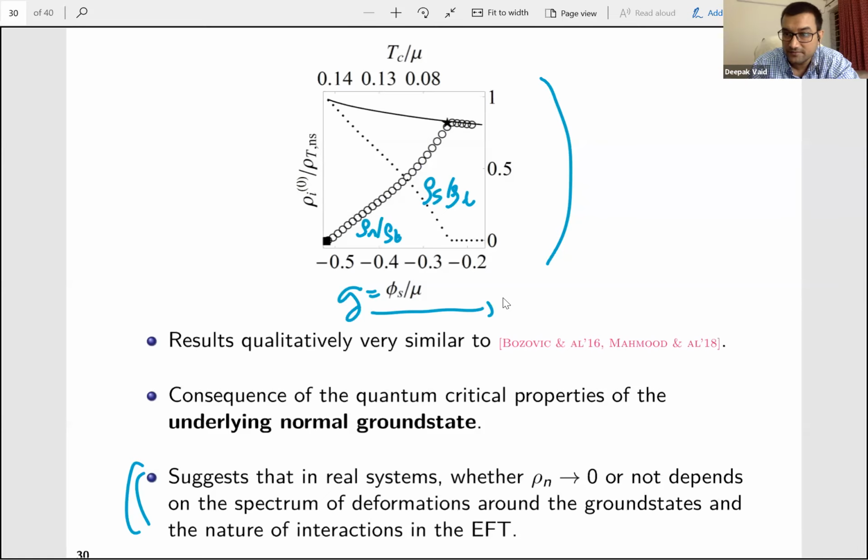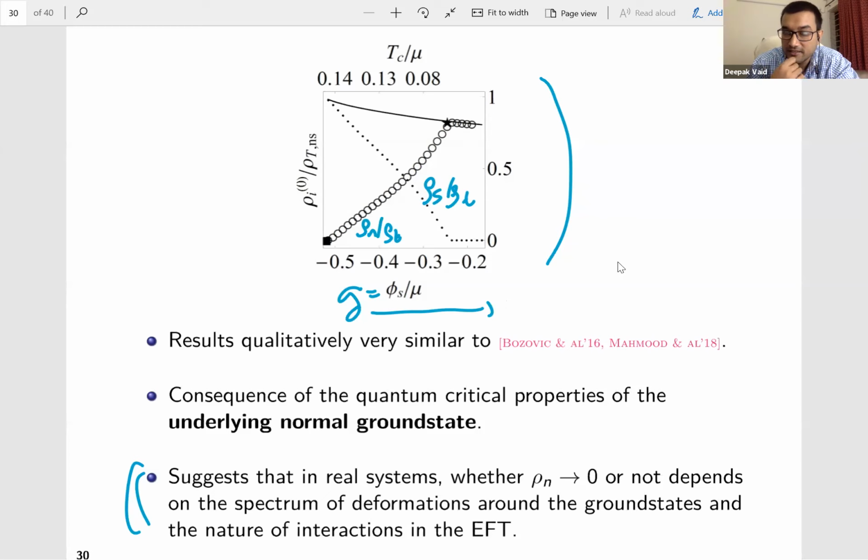Okay. I just wanted to ask a second question. When you say that this is not to be taken as a serious model of cuprates, my question was that I haven't kept up with recent developments. Has anybody recently tried to relate the other parts of the high temperature phase diagram and give them a holographic interpretation?